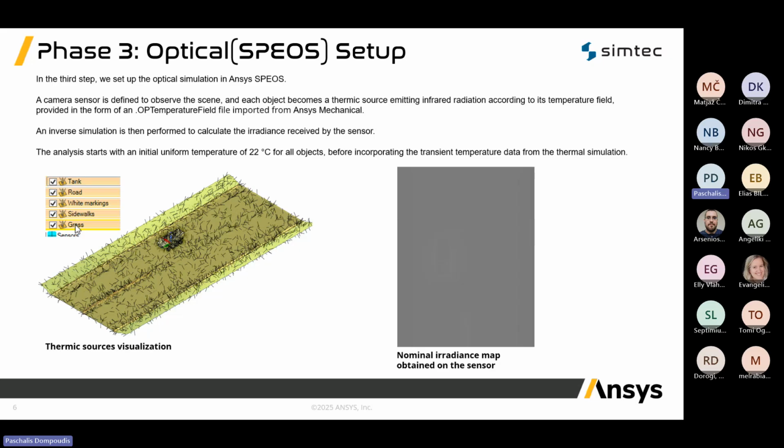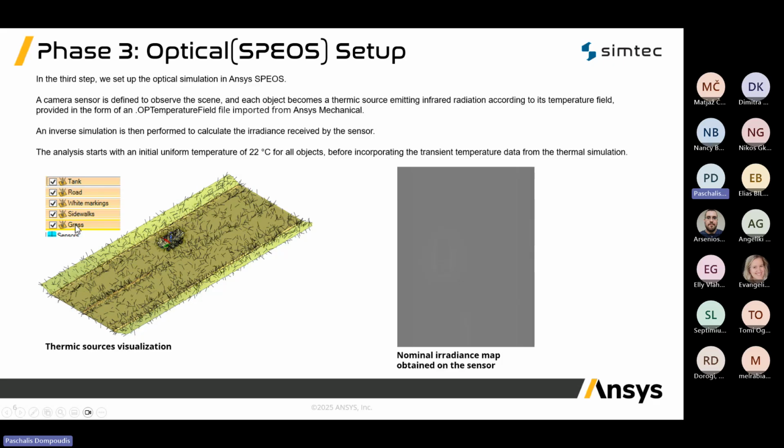For phase 3, we go back in Ansys SPEOS to set up the optical side of the simulation. Here we want to create a virtual infrared sensor and simulate the thermal radiation from our scene using the temperature data we calculated in Mechanical. First we define every object in the scene as a thermic source, as you can see here.